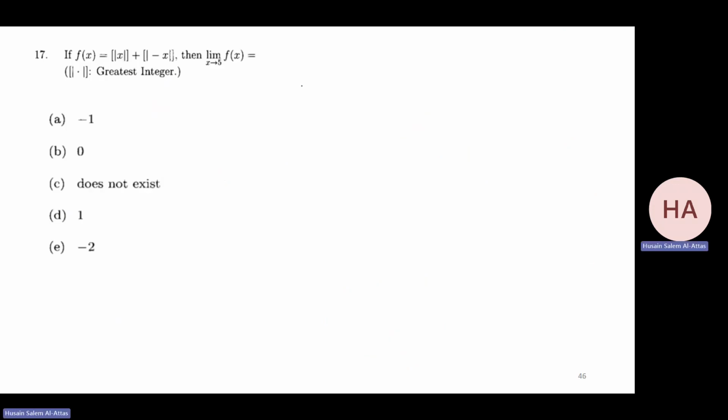Now I want to find the limit. If we substitute, we get that it does not exist, because we know this value is an integer. So the greatest integer does not exist, and this one also does not exist, and the sum of two that do not exist, we don't know, it may exist. So I need to do it from the right and from the left. This goes to 5 from the right for f of x.